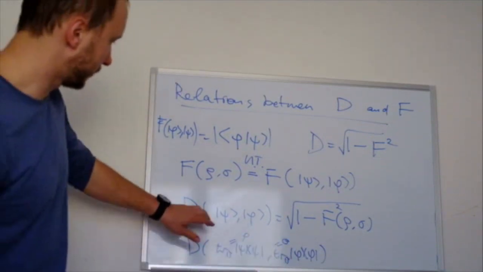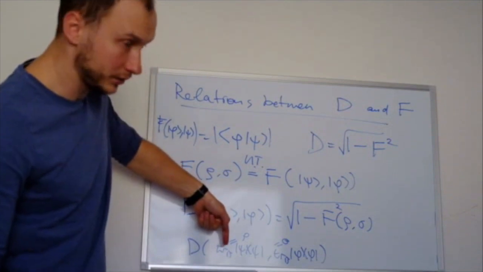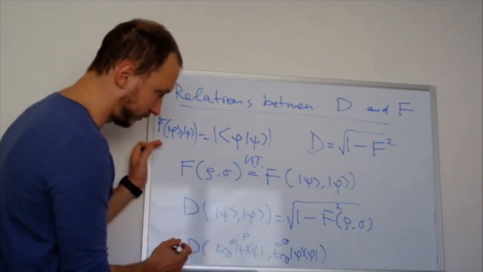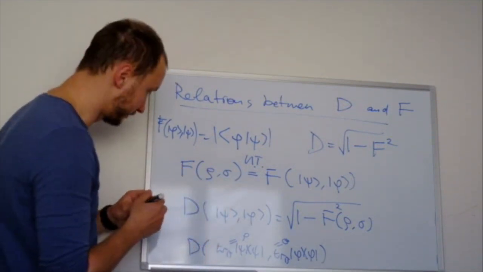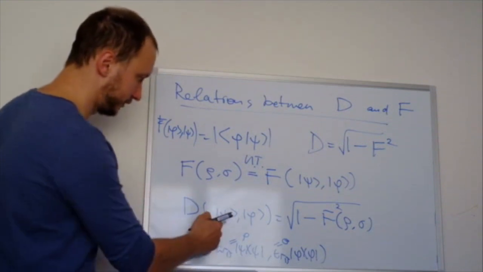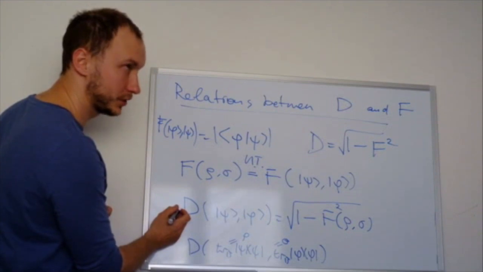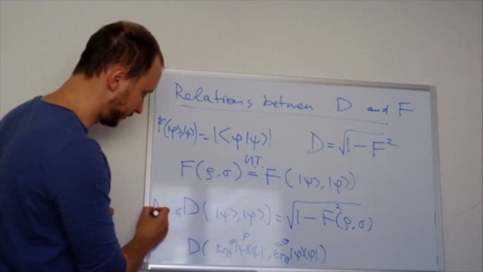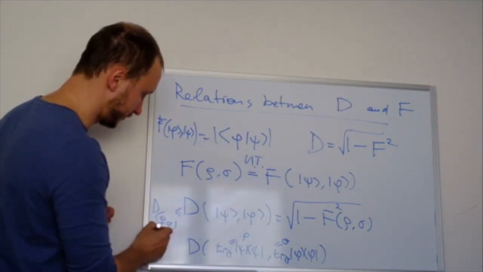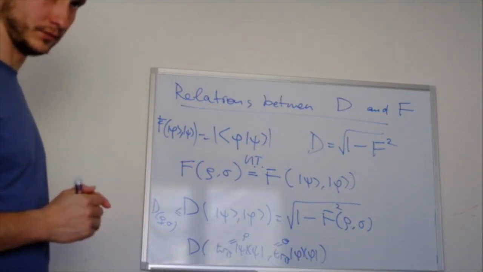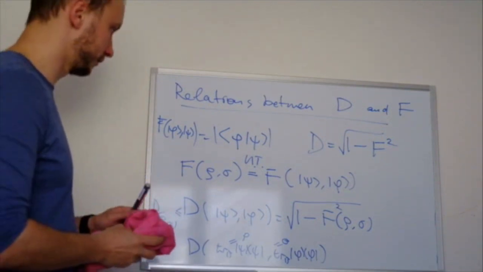And what we know is that since we go from here to here with a channel, in general the distance can only decrease, right? So the distance between the purifications is larger or equal than the distance between the states we already traced out. Right? You see this, I guess.